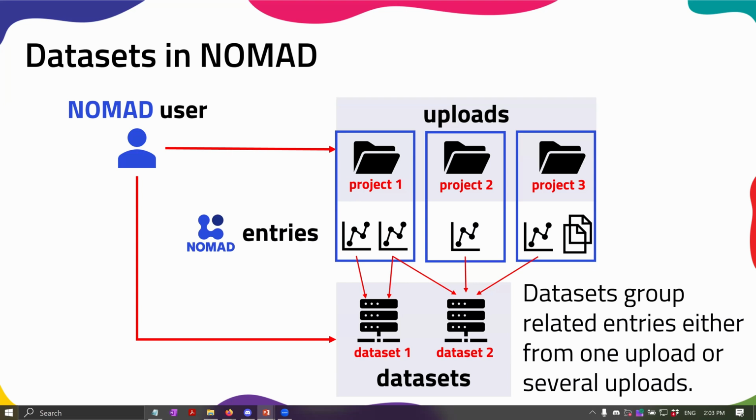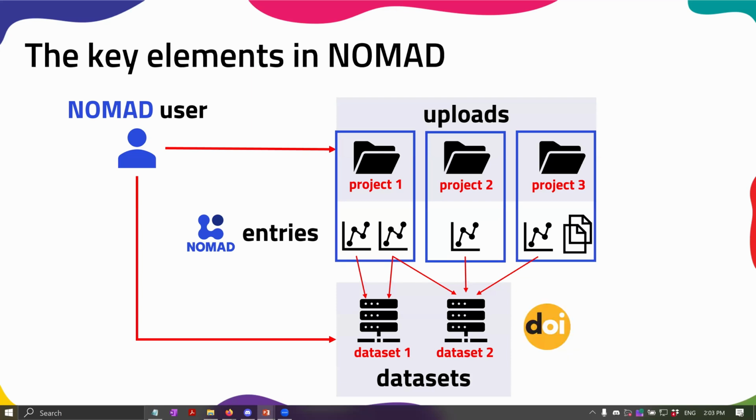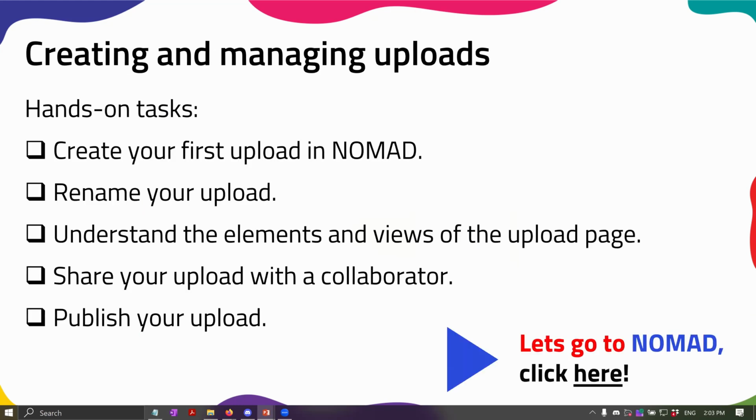So they are very useful when you would like to fill the data availability section in your publications, where you can have statements like, my data is available on the NOMAD repository and can be accessed through this DOI. Datasets can include entries from the same upload, but they could also include entries from different uploads. So we will explore all these elements as we go through the exercises that we have prepared for this hands-on part.